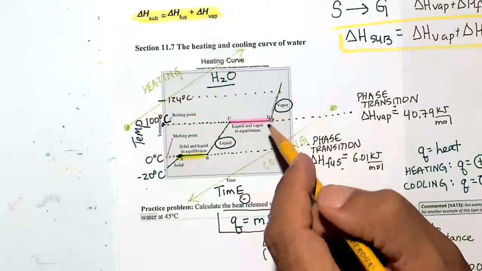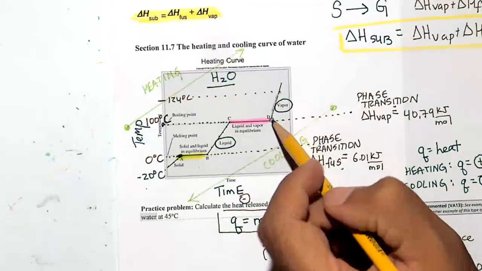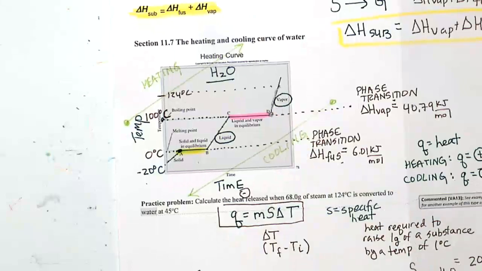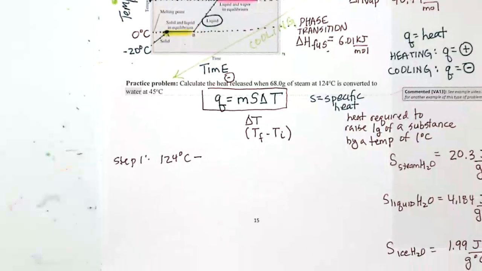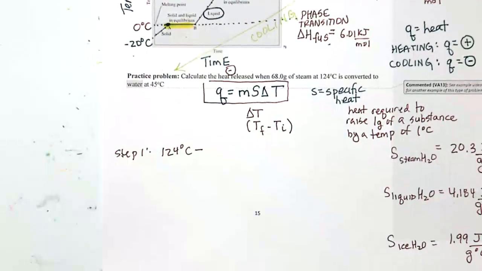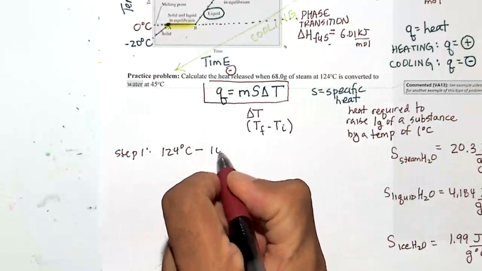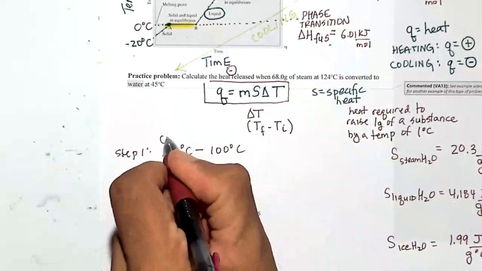But first we cool to 100. Why do we stop at 100? Because what happens at 100? The phase change. So we have to break it into parts. Step one, we're going to cool from 124 to 100 degrees.